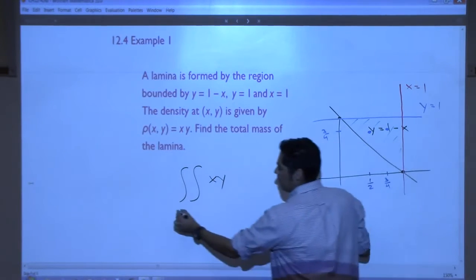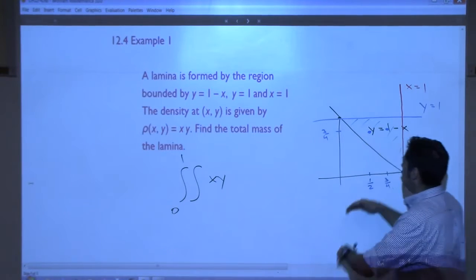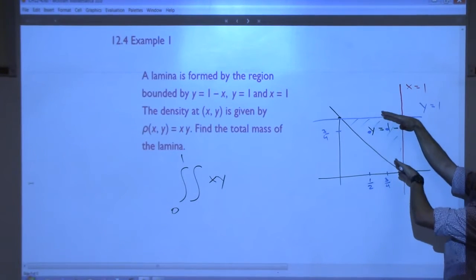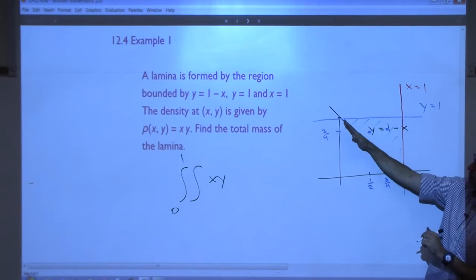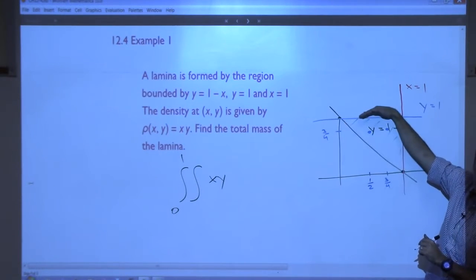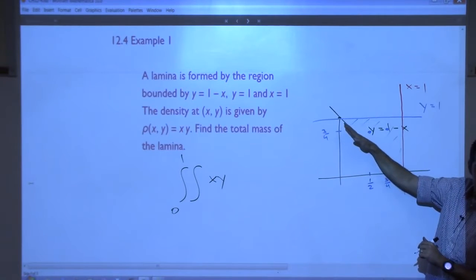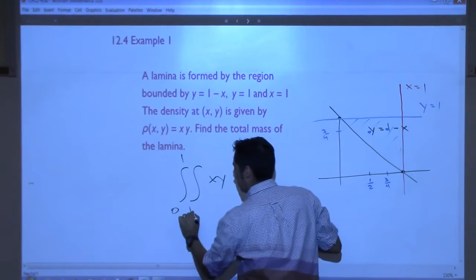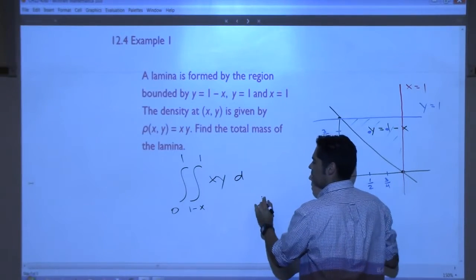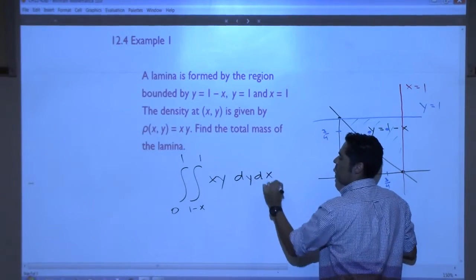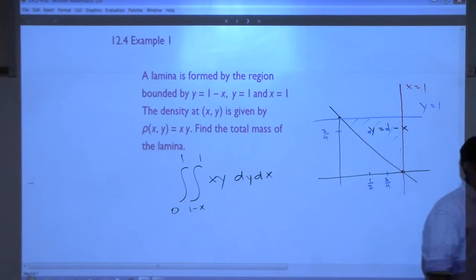My y's are bounded between two functions of x. This one's the bottom one, this one's the top one. So the bottom one is 1 minus x. The top one is 1. d y d x. If you can compute that, you've got the mass of the lamina.